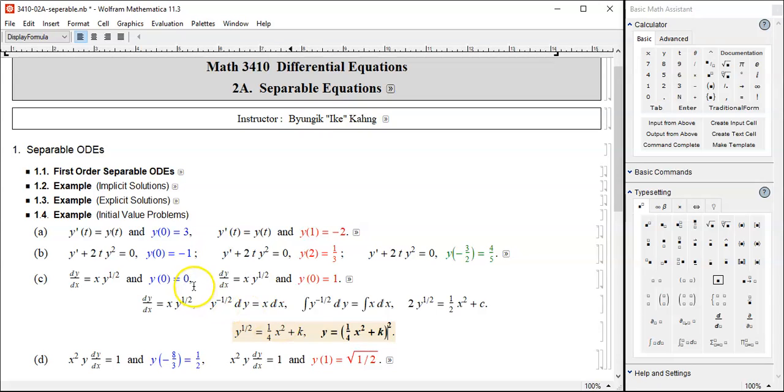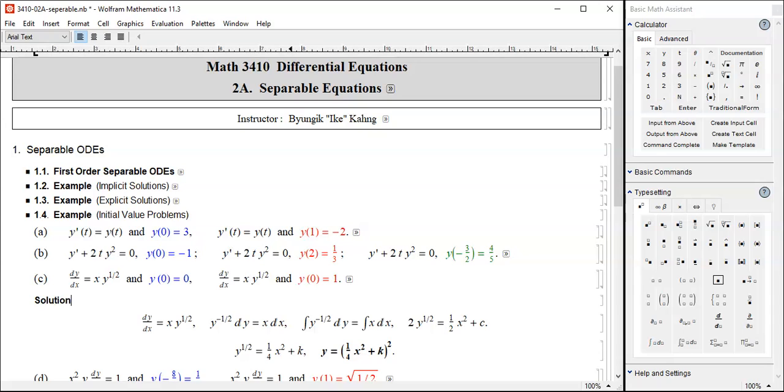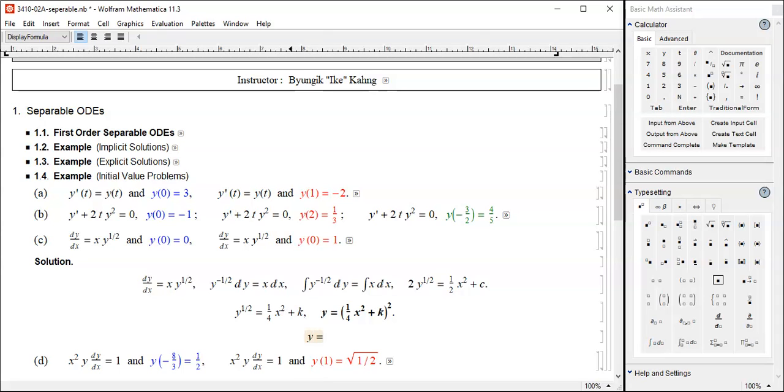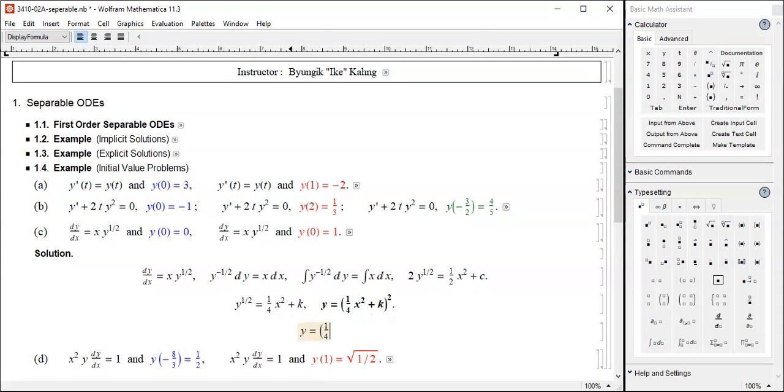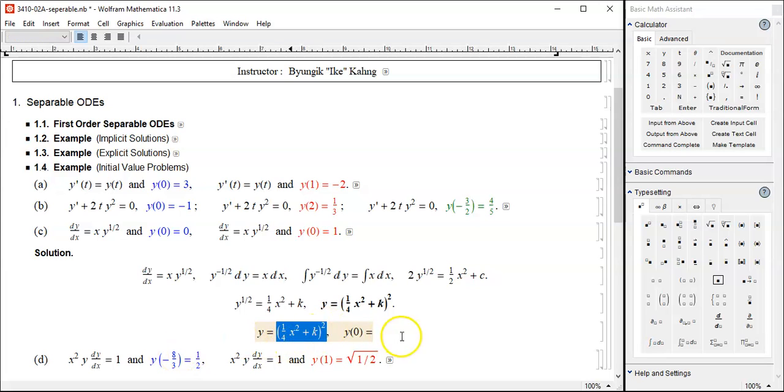Okay, all right. And then let's go to blue. y is equal to 1/4 x squared plus k, total quantity squared. y of 0 is this whole thing, so that's k squared, which is equal to 0. We are getting k is equal to 0. Did I do this right?